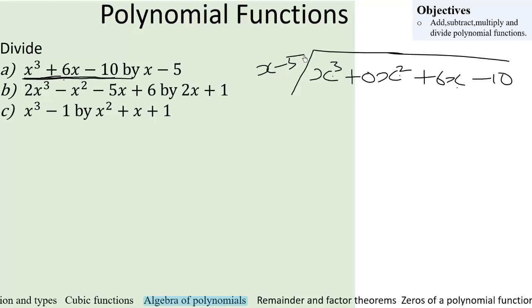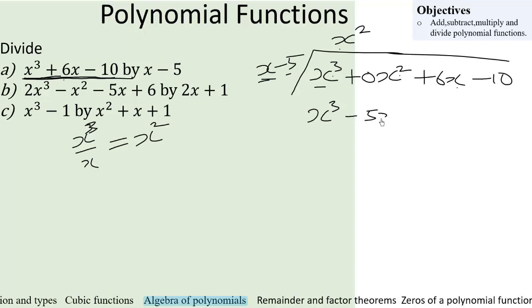So first you begin by dividing this by this. So x cubed divided by x is equal to x squared. Then replace that x squared here. So x squared will multiply the x to get x cubed. So you use the same x squared to multiply the 5 here.